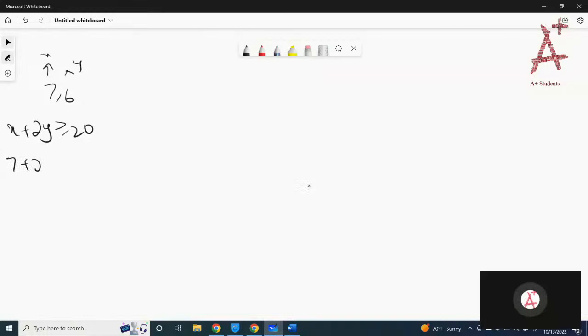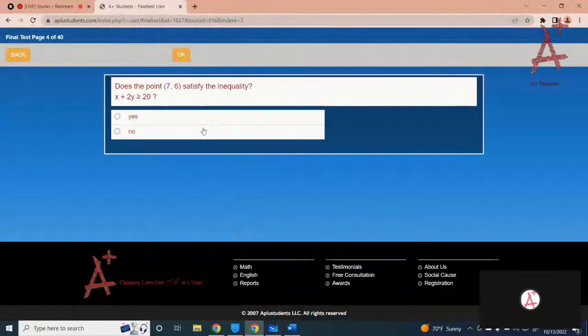So 7 plus 2 times 6 is greater than equal to 20. 6 times 2 is 12, and 12 plus 7 is 19. Is 19 greater than 20? No, that means the point 7, 6 is not the solution of the inequality. Got it? The correct option is no.